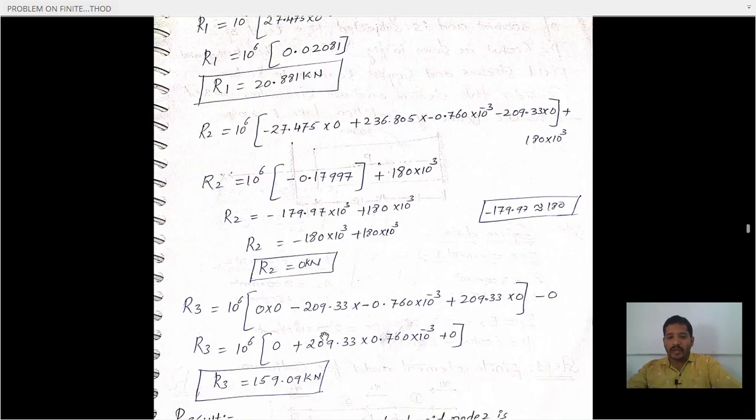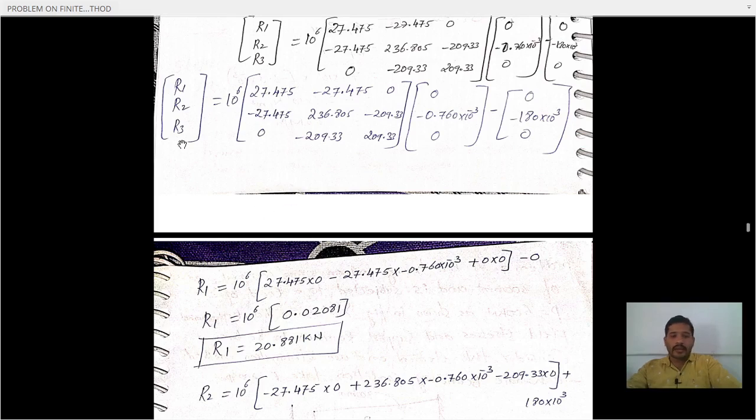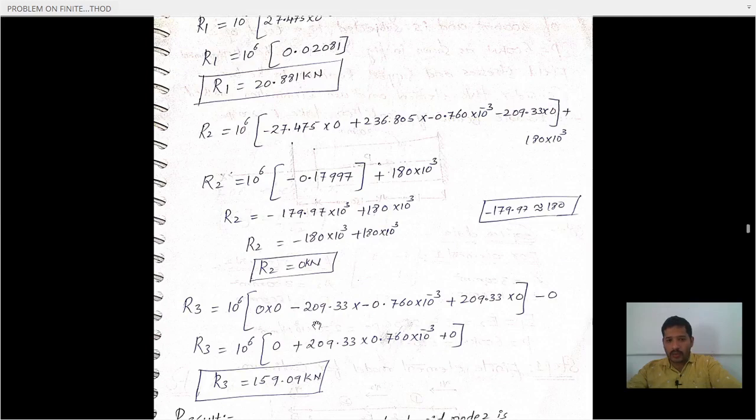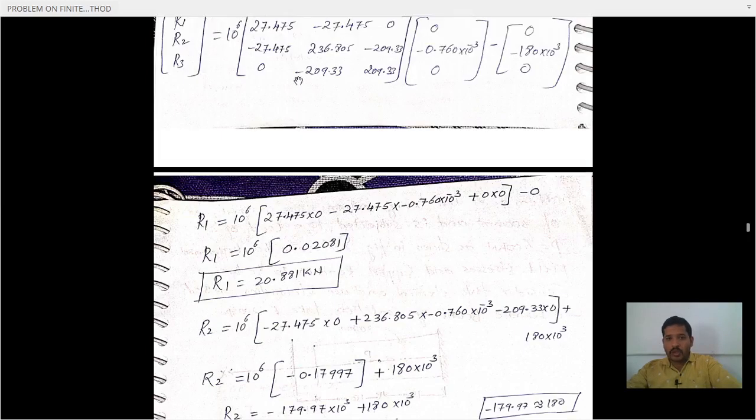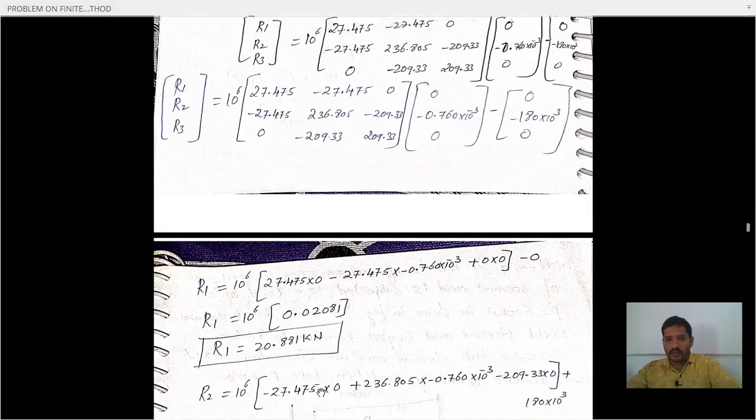Again we need to find out the value of R3. The same procedure we need to follow here. R3 is equal to 10 power of 6, 0 into 0, it becomes 0. Again minus 209 into minus 0.760 into 10 power of 3, minus 209.33 into minus 0.760 into 10 power of minus 3.